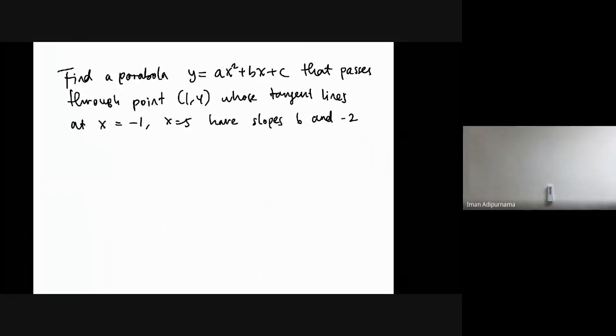So there's a parabola, ax squared plus bx plus c. It's passing through (1, 4). Okay. And the tangent lines, when x is -1 and x is 5, have slopes 6 and -2. And you need to find a, b, c, the parabola.